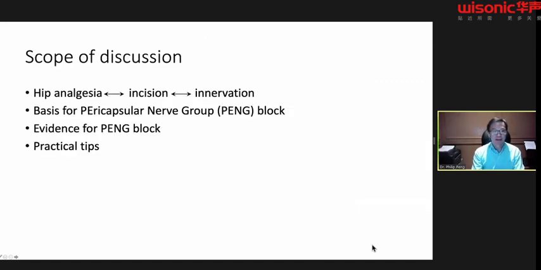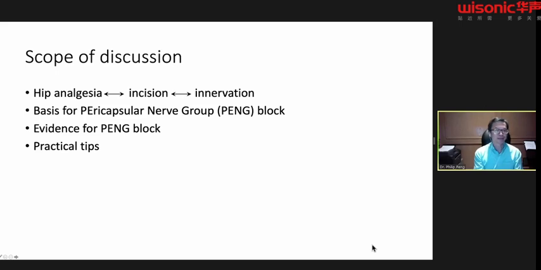Being the first one to speak, I think I have the luxury to talk about something very important, not just go directly to the block, but talk about the interaction between hip analgesia, the type of blocks, whether it's the PENG block or fascia block, and the type of surgery, because each type of surgery has a different signature in terms of the incision and soft tissue trauma.